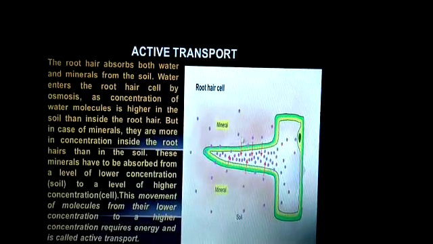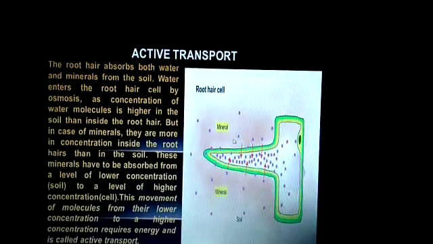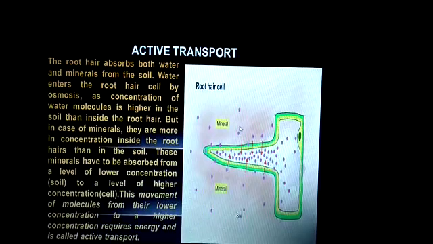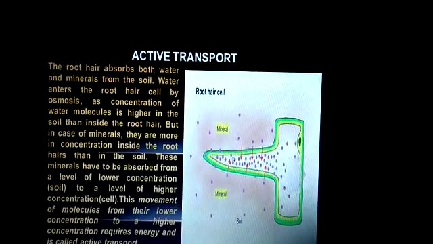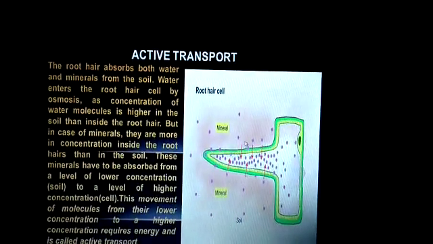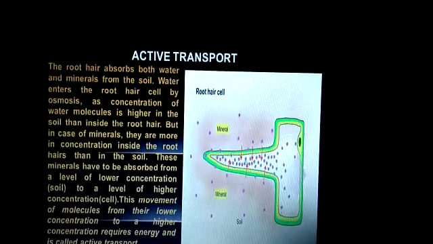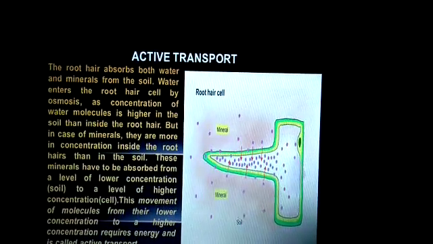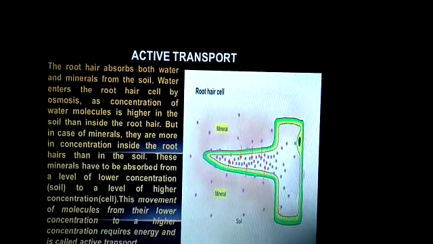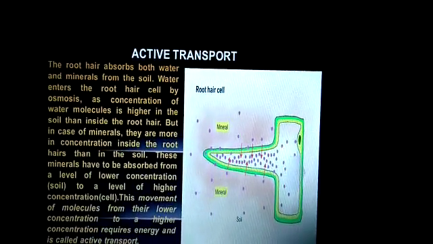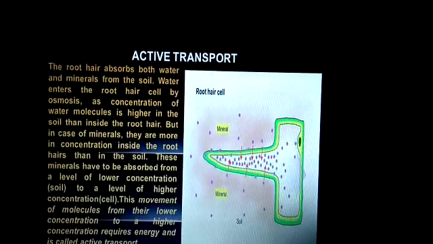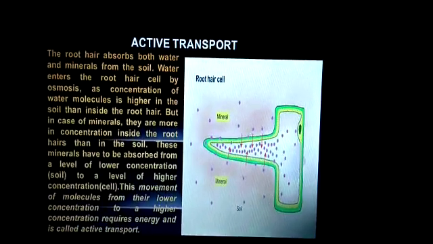So this movement of minerals from soil to root hair cell is from lower concentration to higher concentration, and this movement of molecules from lower to higher concentration requires energy. This movement is called active transport.